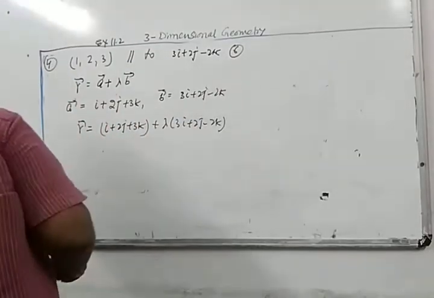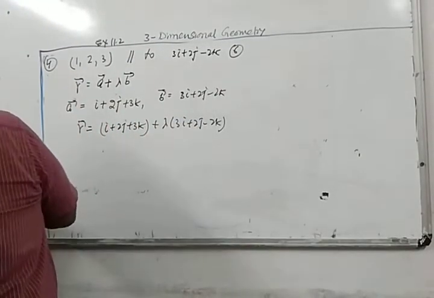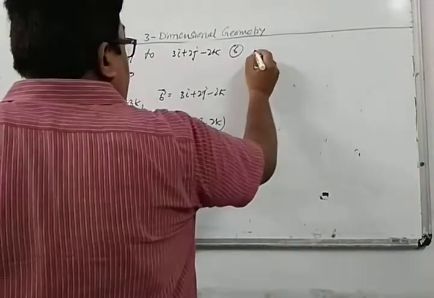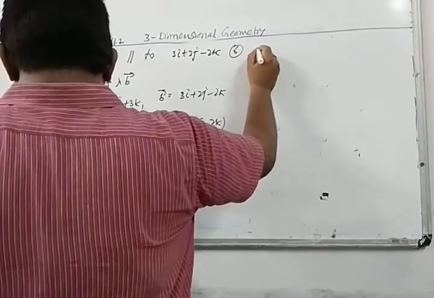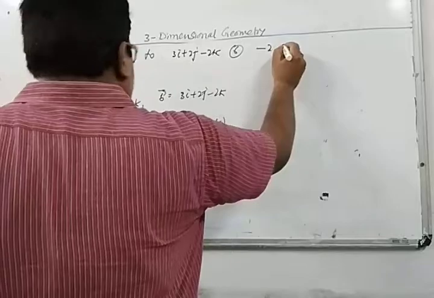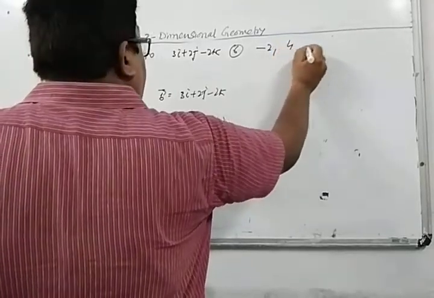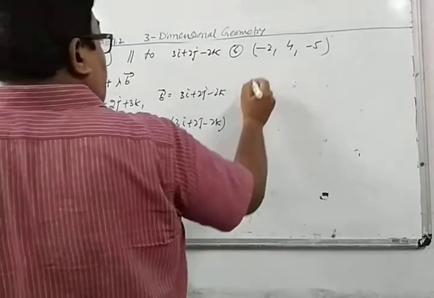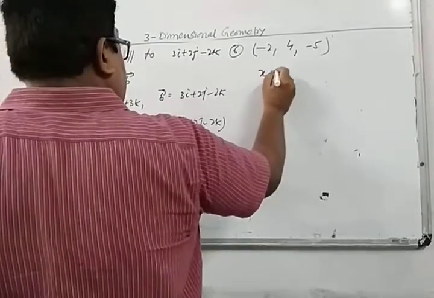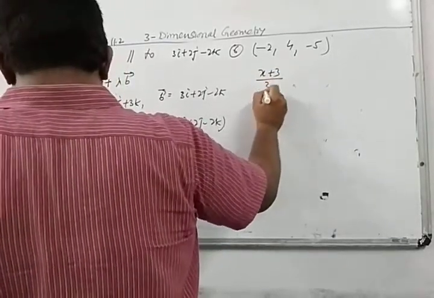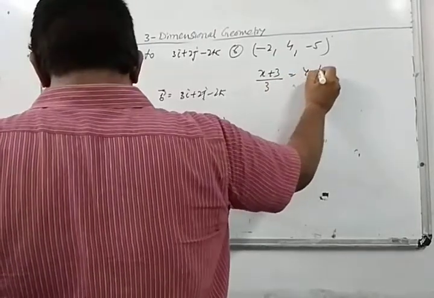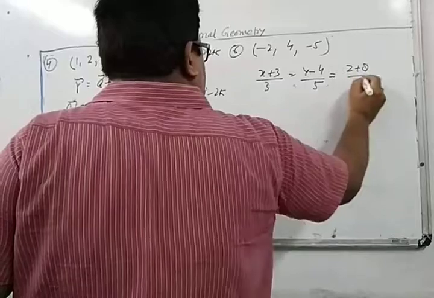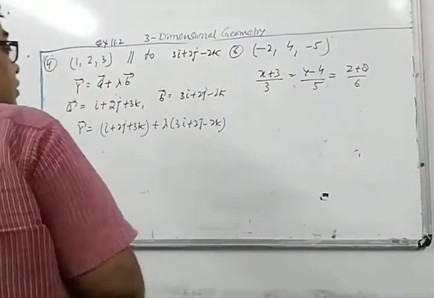Now question number 6. Find the Cartesian equation of the line which is passing through the point (−2, 4, −5) and parallel to the line (x + 3)/3 = (y − 4)/5 = (z + 8)/6. So this is the point through which the line is passing.